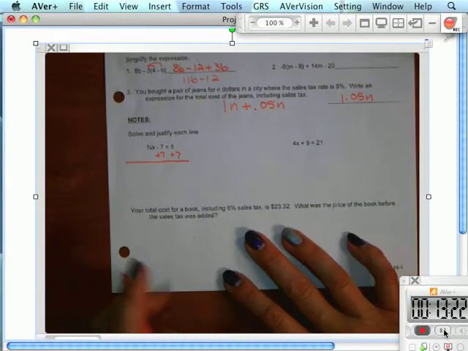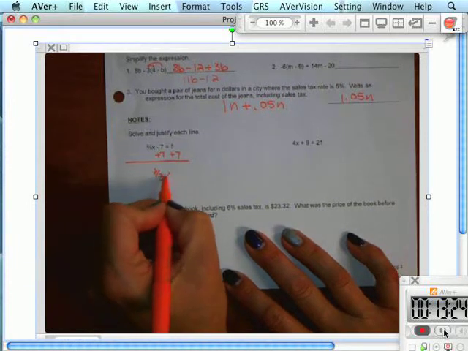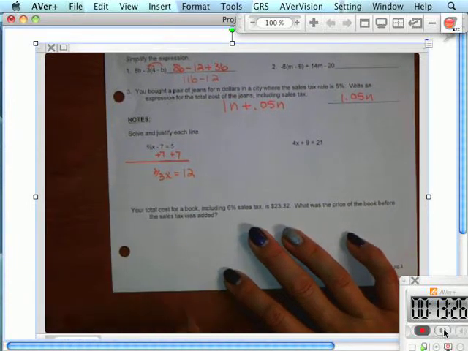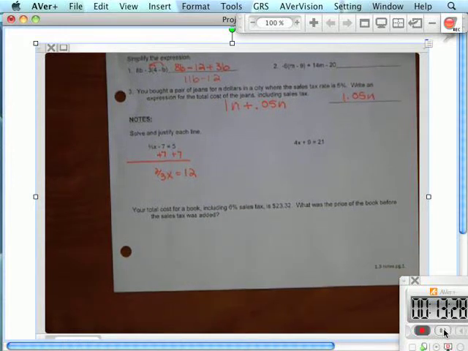And I get 2/3 X equals 12. Dividing by a fraction is ugly. What do you do to get rid of that fraction? Ian. Multiply by 3. Oh, you can do that. Yes, but what's another way to do it?